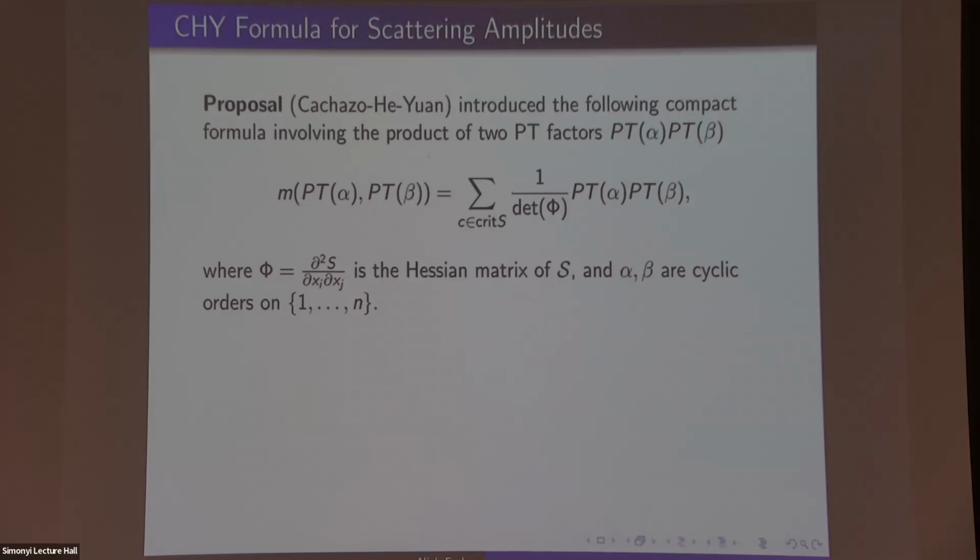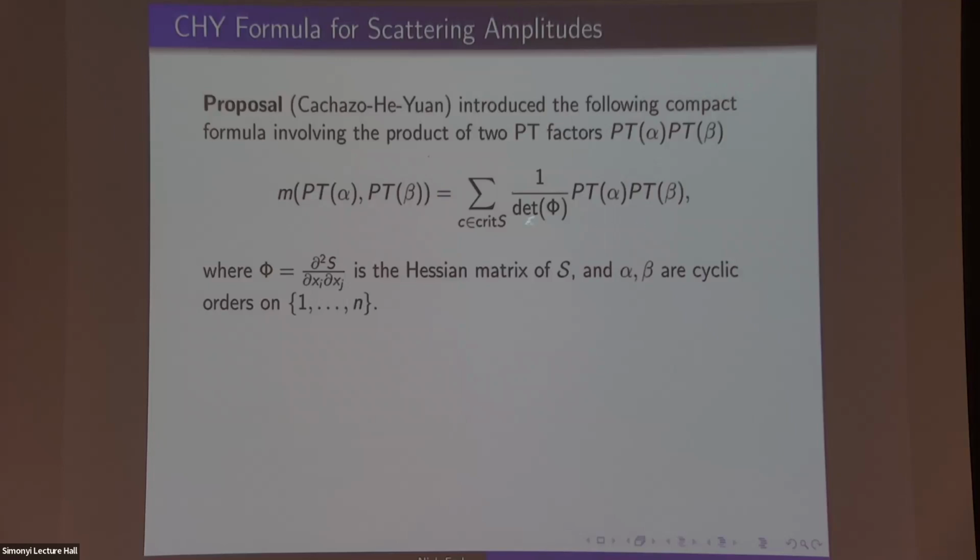In physics, it's important to have these cyclic orders in the interior. So a priori there is one partial amplitude for each pair of cyclic orders, and CHY's contribution was that it can be evaluated by that formula. It's also evaluated by an explicit Feynman diagram summation, as we saw previously.